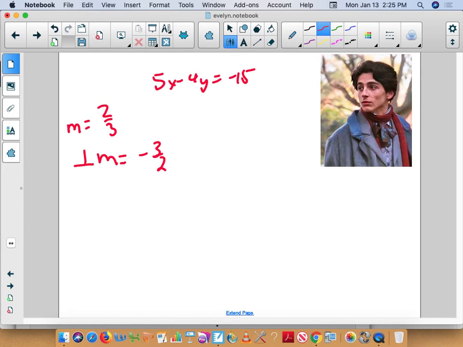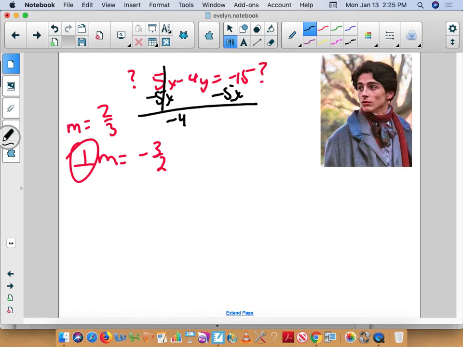So what do I need to find out about this line right here before I go further? If I'm looking for perpendicular, I've got to know that line's slope. So what form do I want to get it in? Slope-intercept. Very good, which is what we just did. So Ella, we're going to subtract 5x.